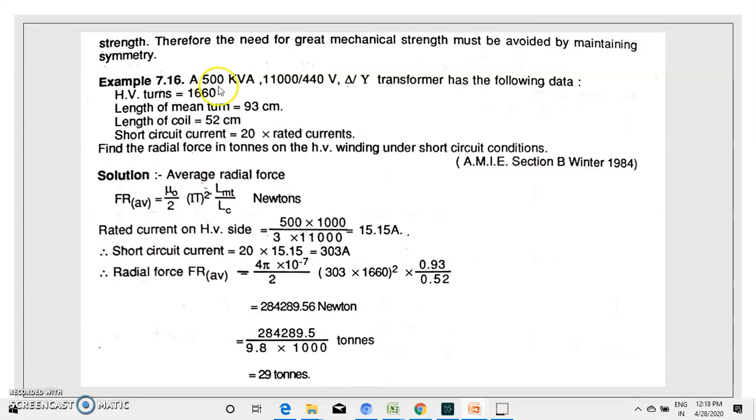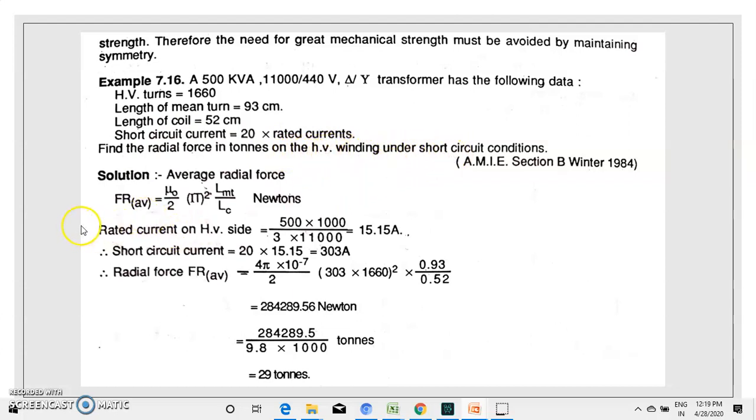What we have: a 500 kVA rating of the transformer, and an 11,000 by 440 volt delta star transformer has the following data: HV turns of 1660, length of the mean turn 93 centimeter, length of the coil 52 centimeter, and short circuit current given as 20 into rated current. The rated current is not given, so we have to calculate it here. Find the radial force in tons on the HV winding under short circuit condition.